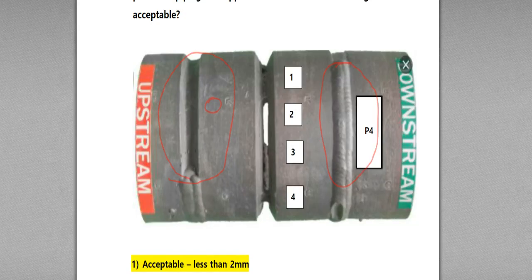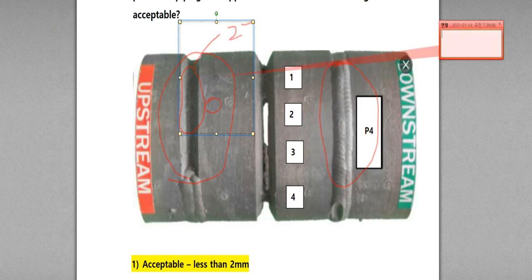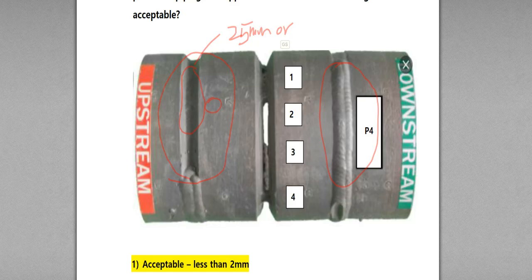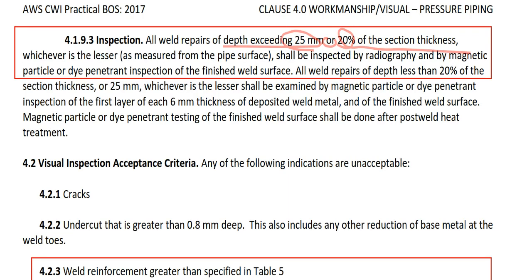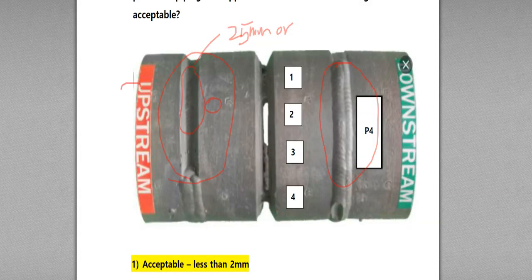So the repaired area depth is over 25 mm, or 20% of the section thickness. Section thickness means the pipe thickness.